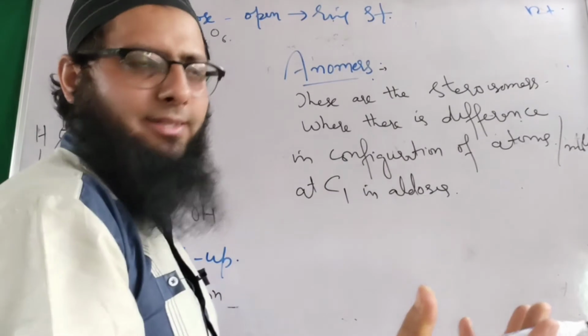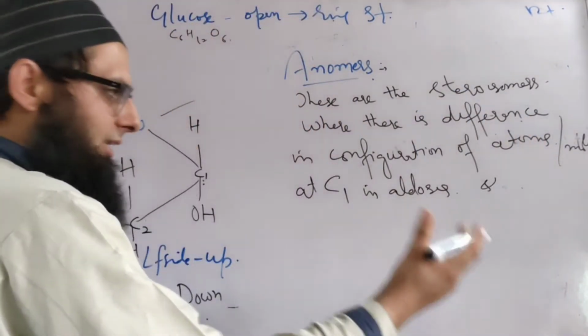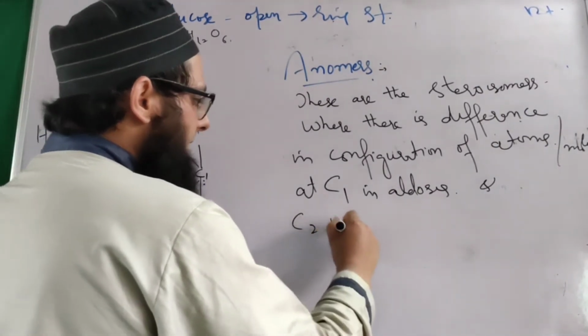For example, glucose is an example, where there is an aldehyde group as a functional group, and carbon 2 in ketoses.